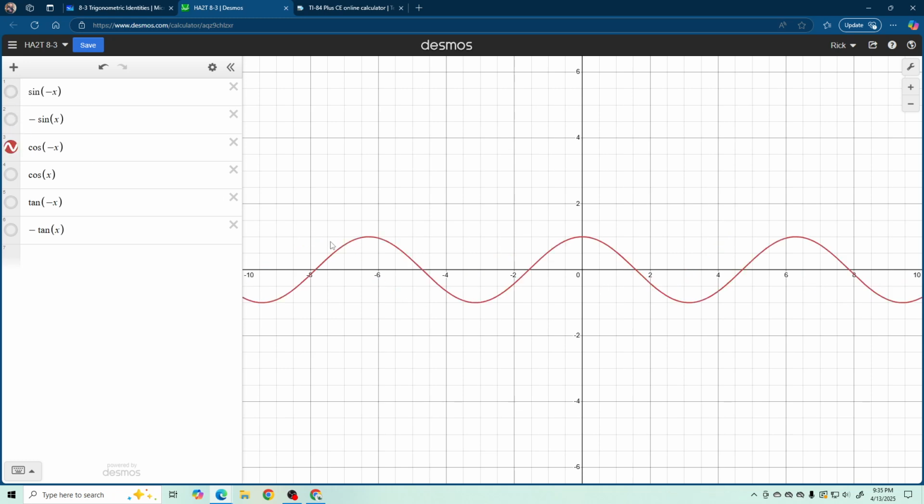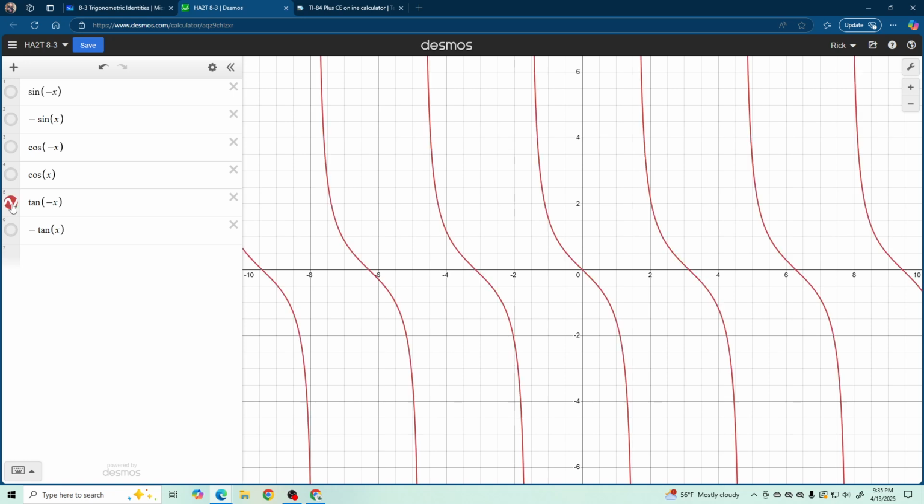All right, so let's do the same thing for cosine. If I have cosine of negative x, in order for this to be an even function, I would have to say that cosine of negative x is the same as cosine of x, right? Well, watch what happens when I click cosine of x. Boom, same function. So sine is odd, cosine is even, and if you want to take a second to think about what this would make tan, right?